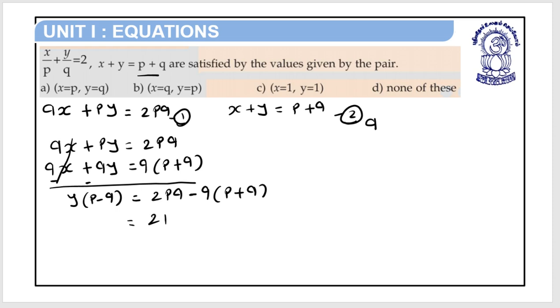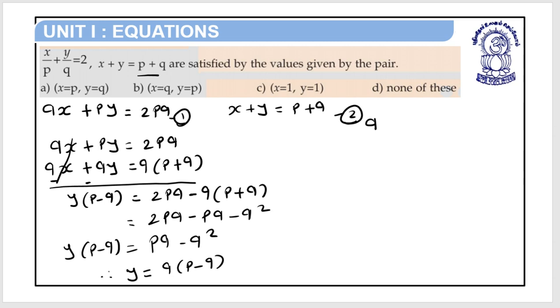2pq minus pq minus plus minus q square. So 2pq minus pq, pq plus pq minus q square, y into p minus q. So y is equal to q common, p minus q upon p minus q. p minus q cancel.